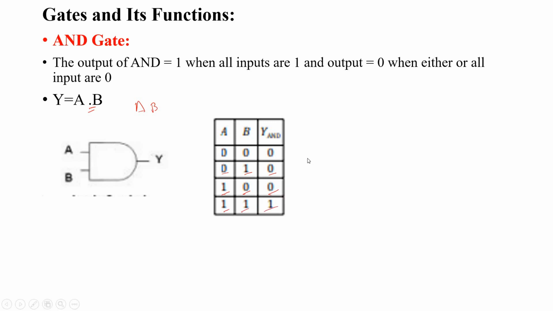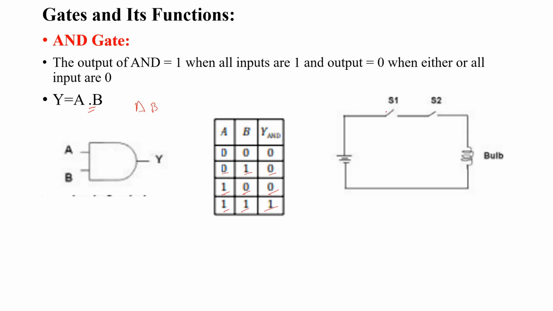So this can again be represented with the help of this circuit. When the switch S1 is turned on and S2 is off, the bulb will not glow, because there will not be current flowing through the circuit.